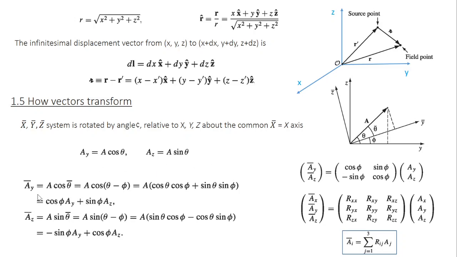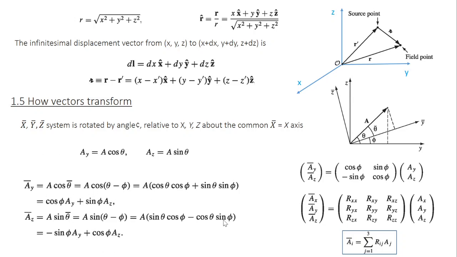Similarly, you can write Ay bar equal to A cos theta bar, and theta bar equals theta minus phi. So this is A cos(theta minus phi). You can expand this and write A cos theta cos phi plus sin theta sin phi. Now A cos theta is Ay, so this is cos phi Ay plus sin phi Az. Similarly, you can write Az bar equal to minus sin phi Ay plus cos phi Az.